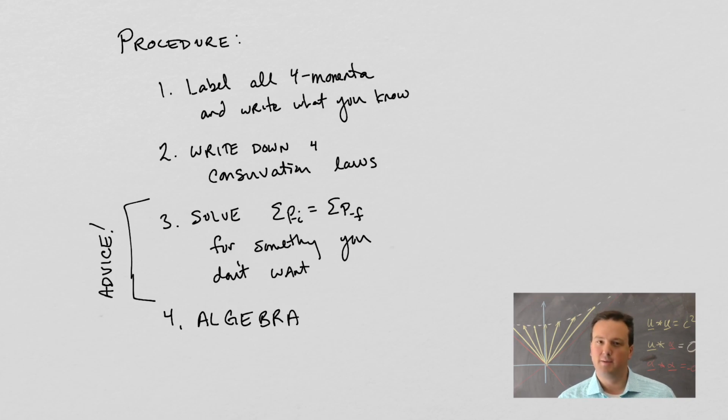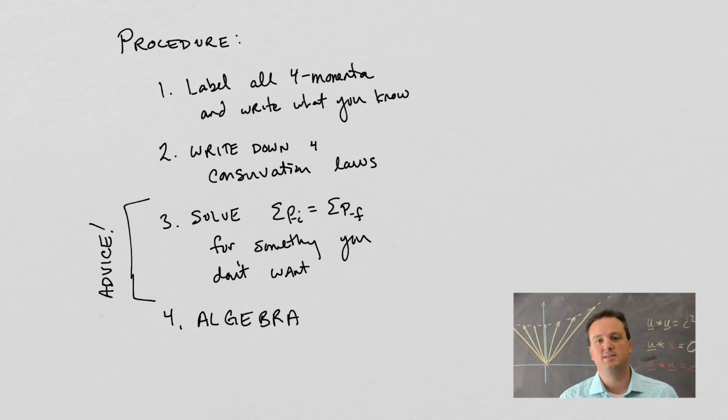Then there's a trick. Because I know about reference frames and invariants, it's actually useful to take the full expression for the conservation of four-momentum, solve it for something you don't want, and then take the dot product of it with itself, and actually that turns out to be often a useful identity.